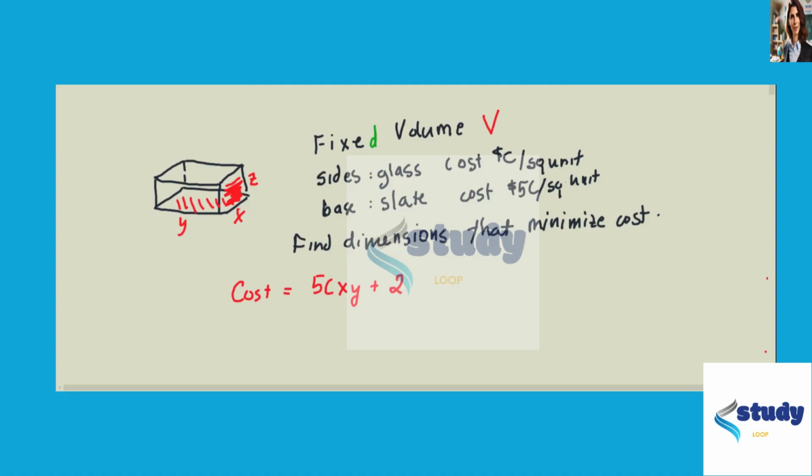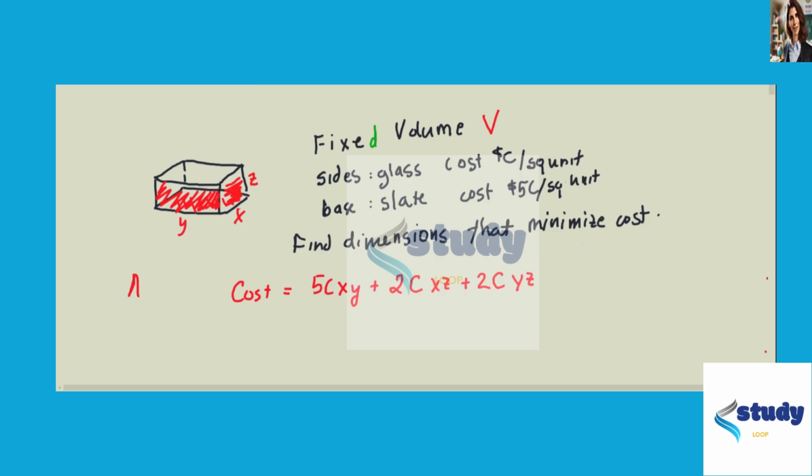So there's 2 of those, 2C, XZ. And then the front and back, its size is YZ, and it costs C, and there's 2 of them, front and back, 2C, YZ.